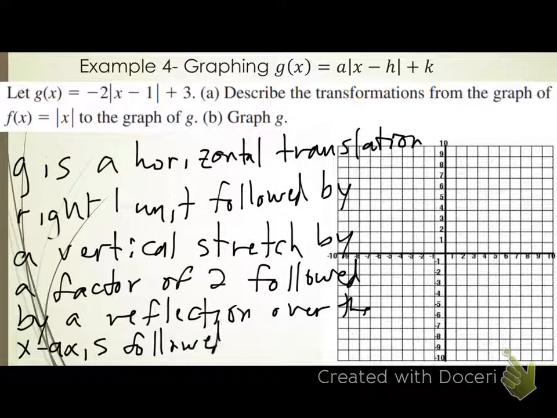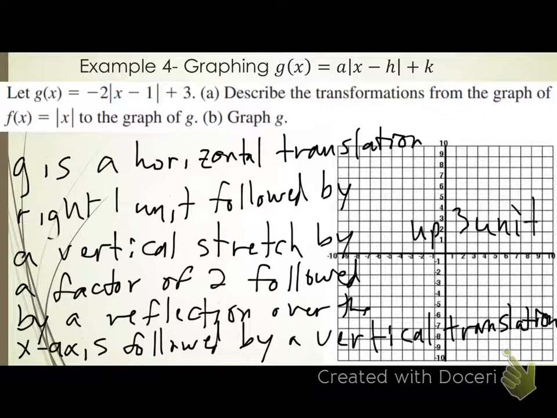And then what's the last one? Then vertically translate k units, which would be that positive. And it'd be how many units? I'll put that there and insert it there. Did I cover all my transformations? Yes, I did.